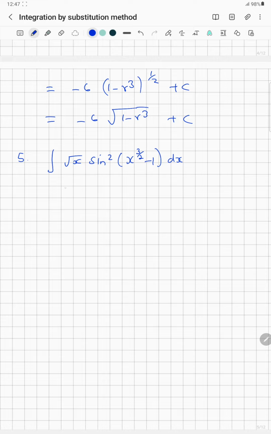Again, this one is a simple one because we can write this integral as x power half sine squared of x to the power 3 over 2 minus 1 dx. So you can see if we differentiate x to power half, we are not going to get a function inside here. But if we differentiate this function here, we are going to get this function here.